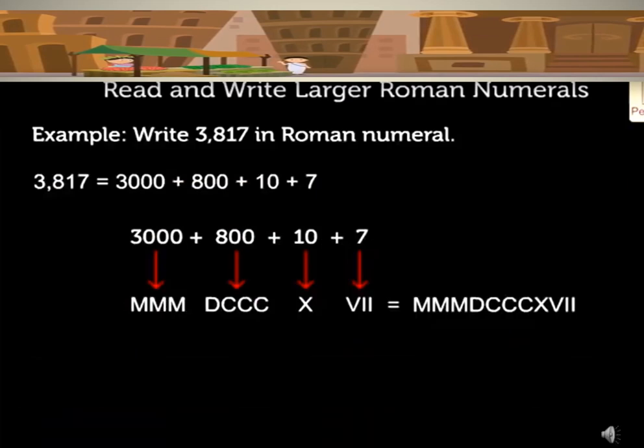Now let us look at another example. Write 3817 in Roman numerals. We first write the number 3817 in expanded notation as 3000 plus 800 plus 10 plus 7.